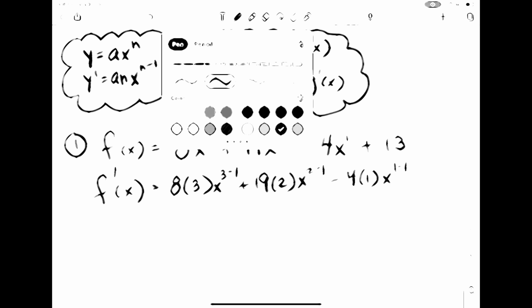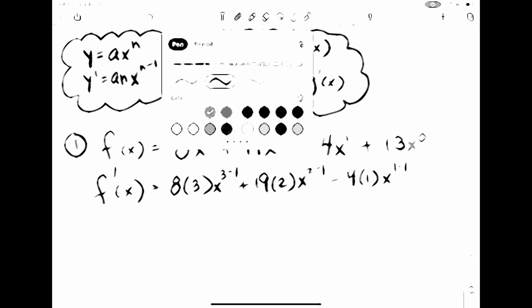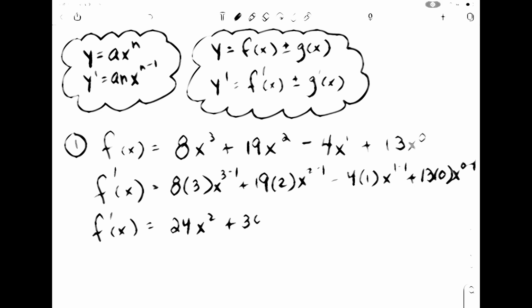And of course, nobody writes this, but we have to understand it's there. So this finally will become plus 13 times 0, x to the 0 minus 1. So our derivative here will be 24x squared plus 38x minus 4.